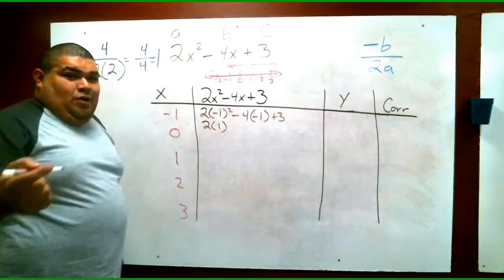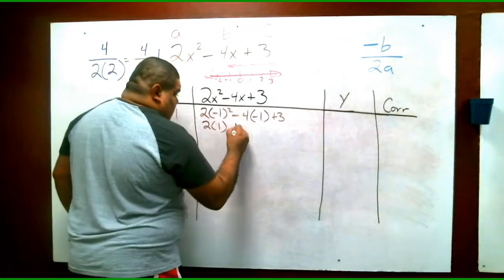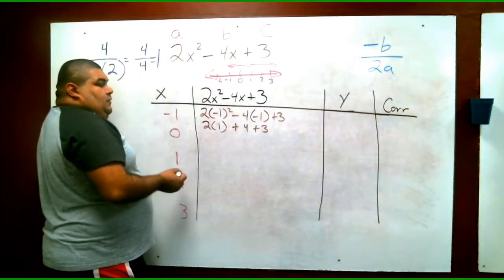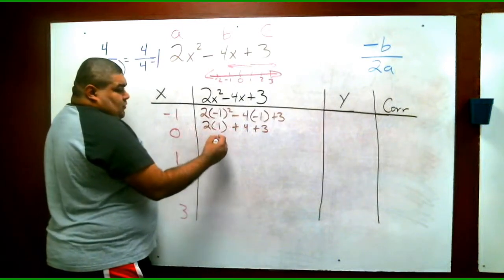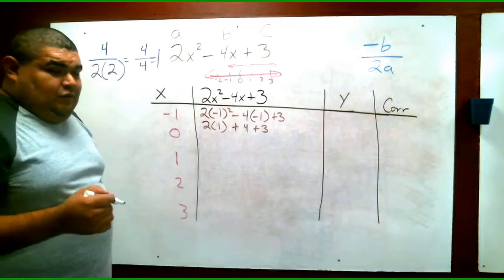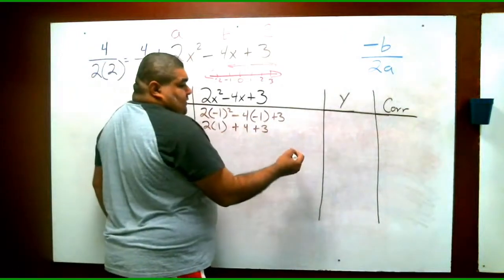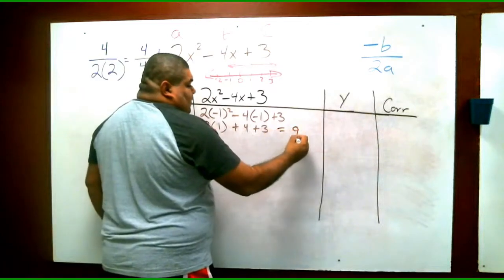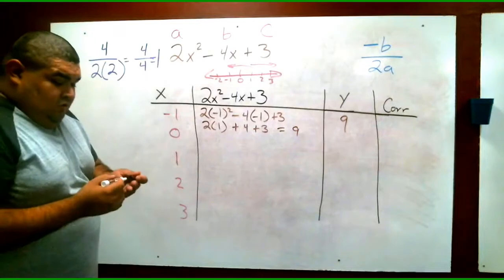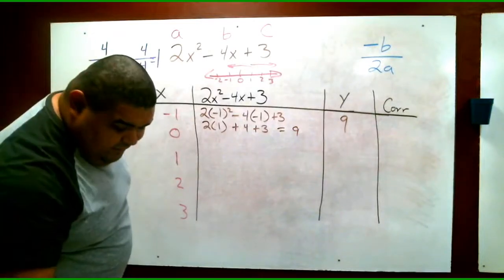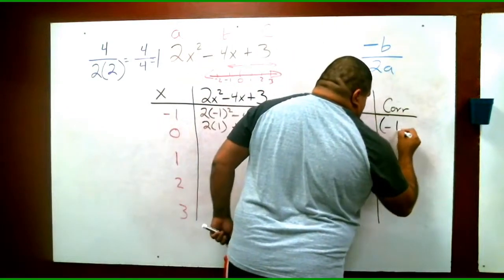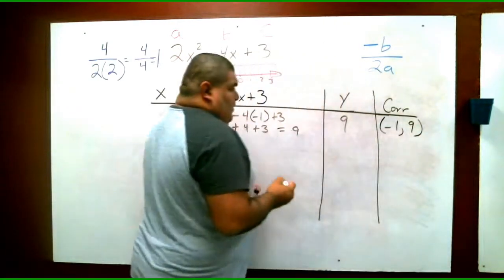Negative 4 times negative 1 is positive 4, plus 3. 2 times 1 is 2. 2 plus 4 is 6. 6 plus 3 is 9. So we know that the answer is 9. So our y is 9. So we find our first coordinate: negative 1 and 9.